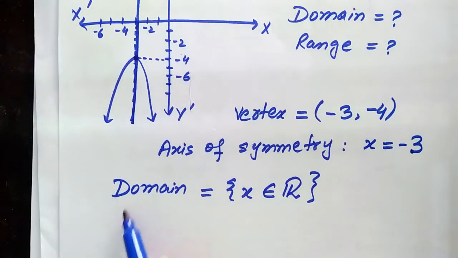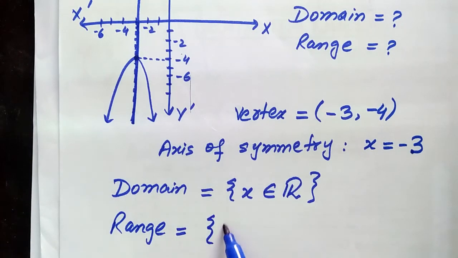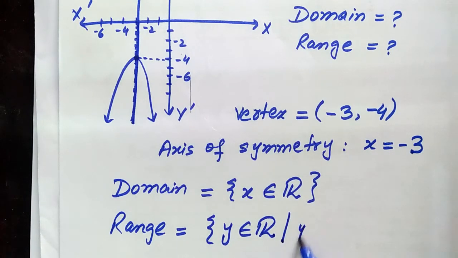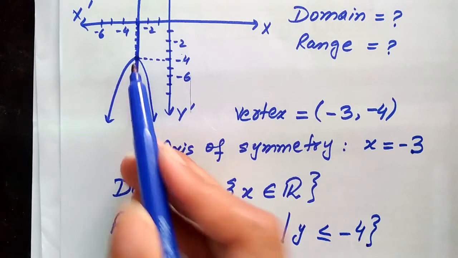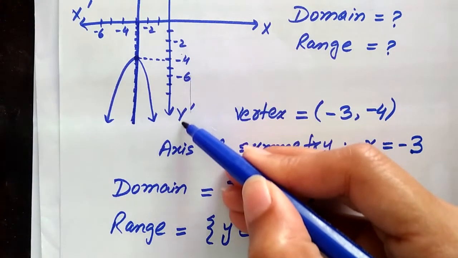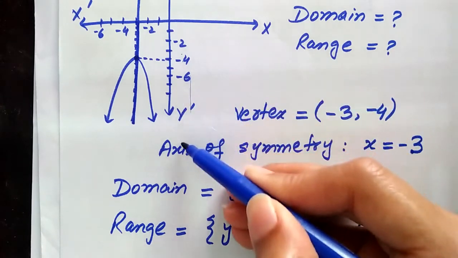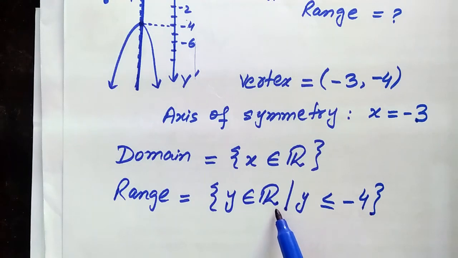So range can be written as values of y from real numbers such that y is less than or equal to -4. Since -4 is included in this parabola, there is a sign of equality, and all other values that are less than -4 are results of this parabola. So this is the range of the parabola.